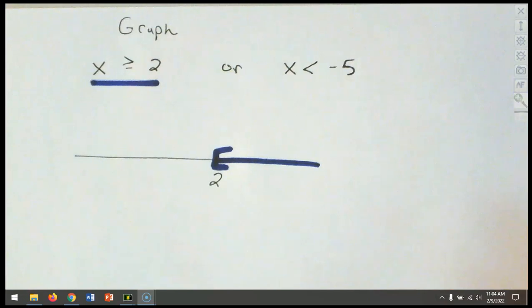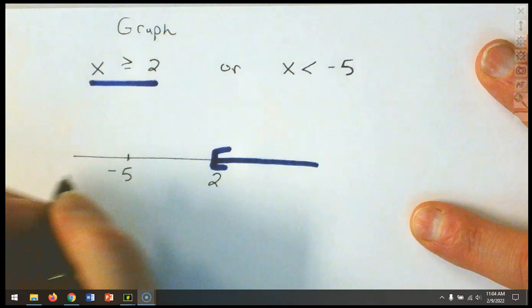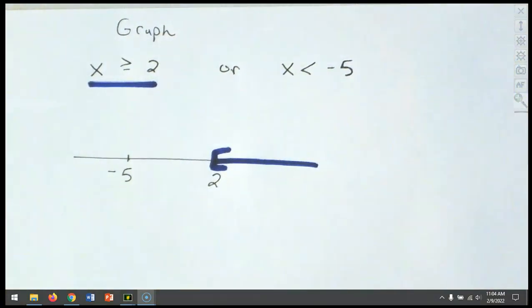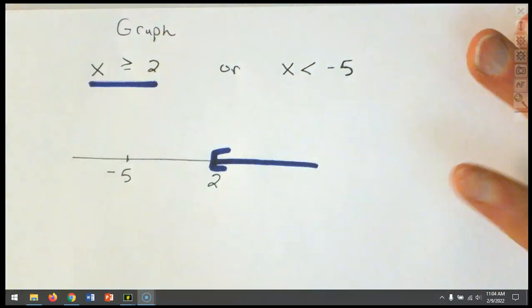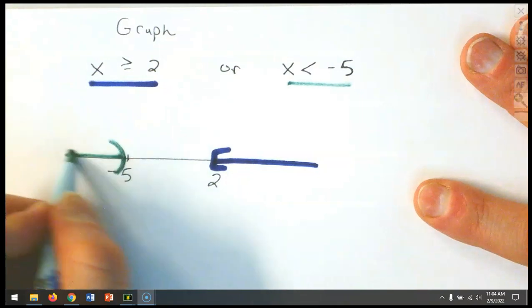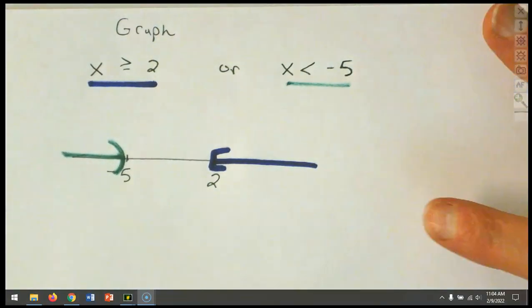What about the other one? The other one is a negative 5, and it's pointing out to the left. And it's strictly less than, so we're going to use parentheses here. Is everyone okay with the graph so far?